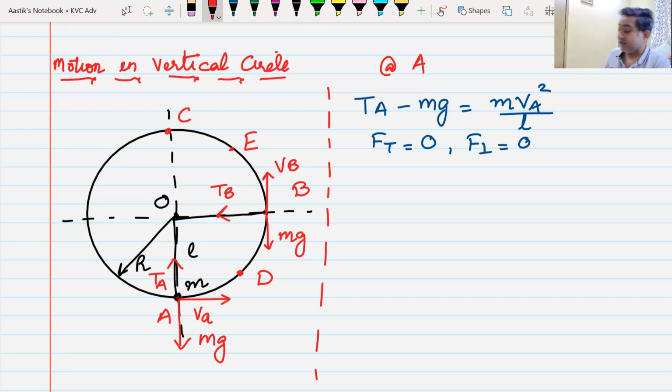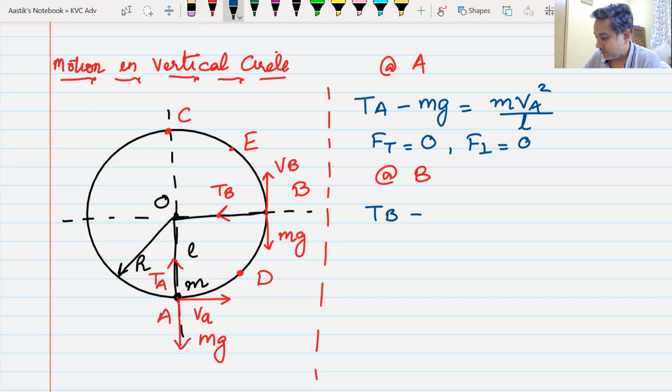What are the equations at point B? TB is equal to mVB square by L. Granted.